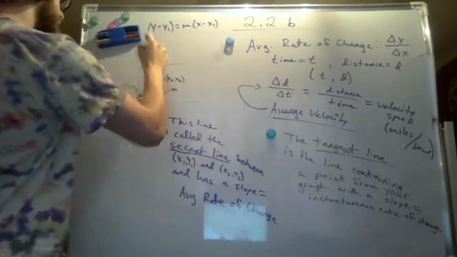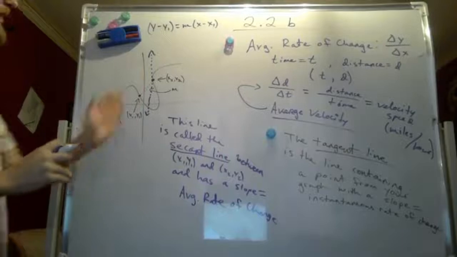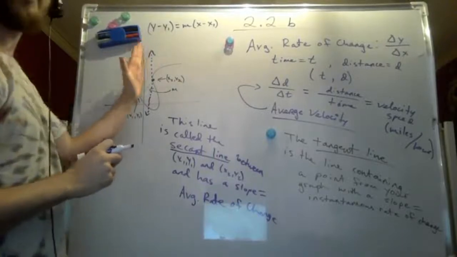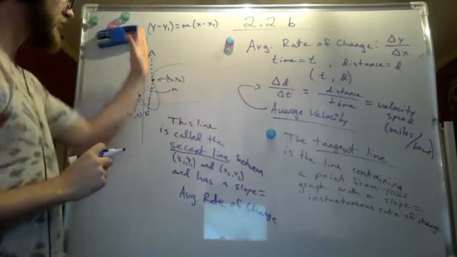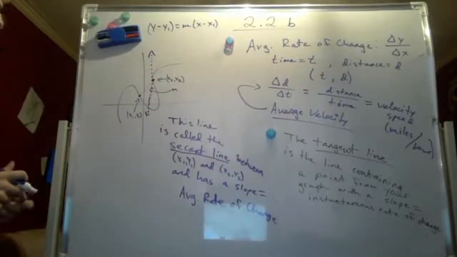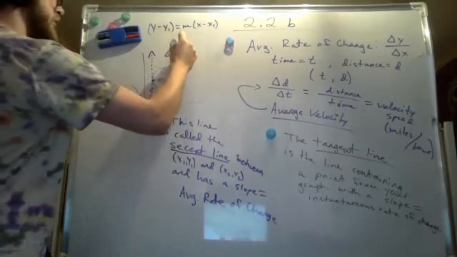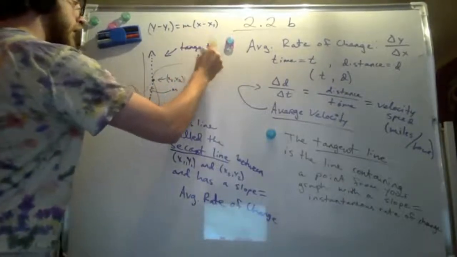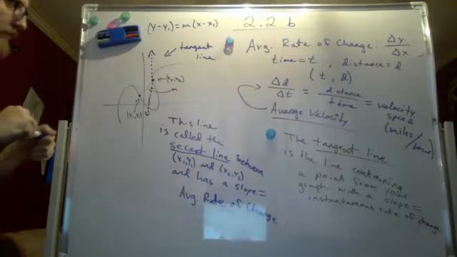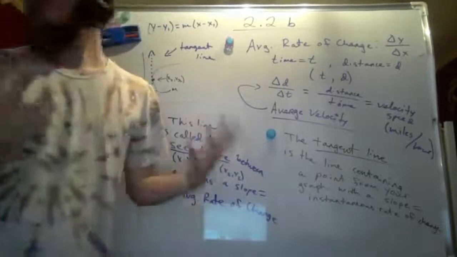It's going to be a pretty steep line. Point being, it has the slope, or the steepness, at that particular point, and it also passes through that point. So that's the tangent line here. So that's the tangent line.